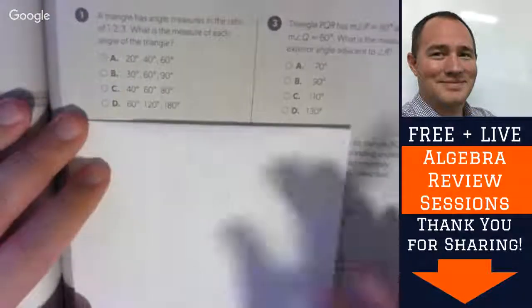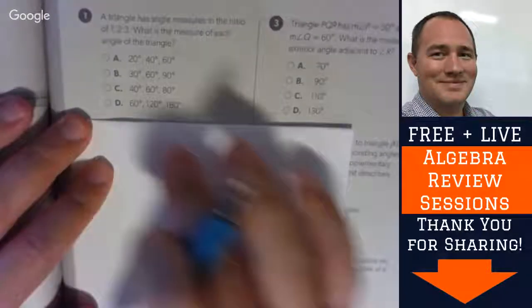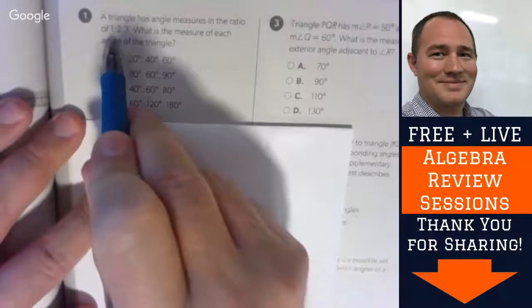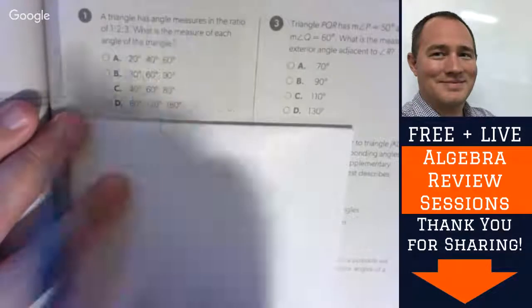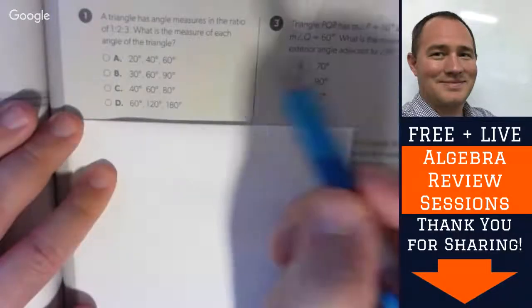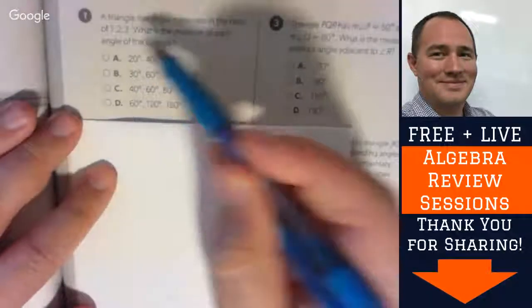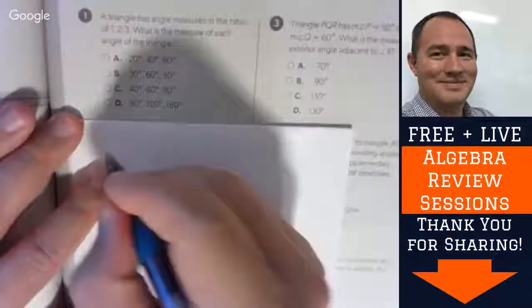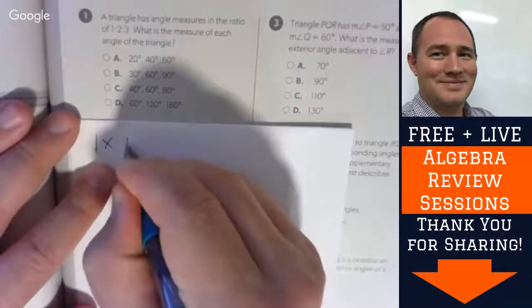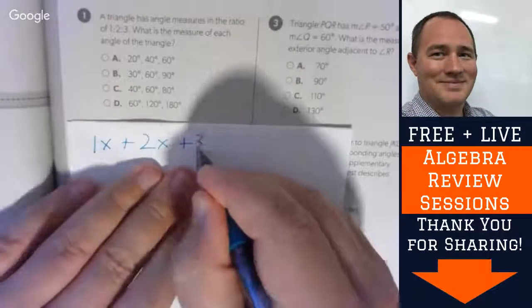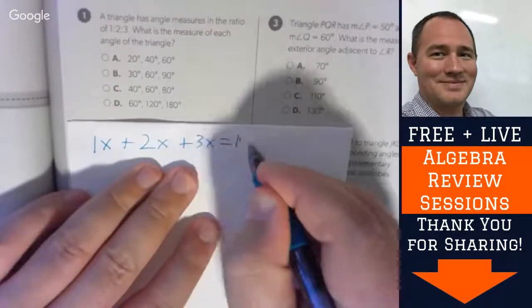So one way you can proceed with this type of problem is we know that if they are in a ratio of 1 and 2 and 3, but we don't know what the actual angles are, right? So we can use x. So 1x plus 2x plus 3x equals 180.